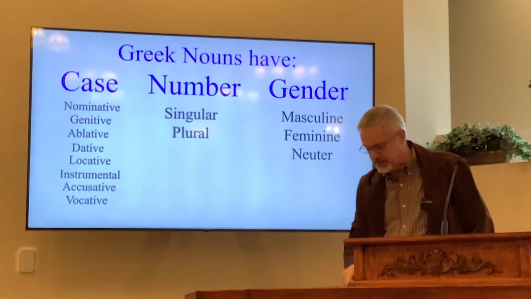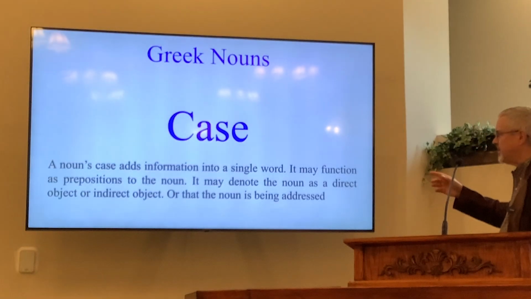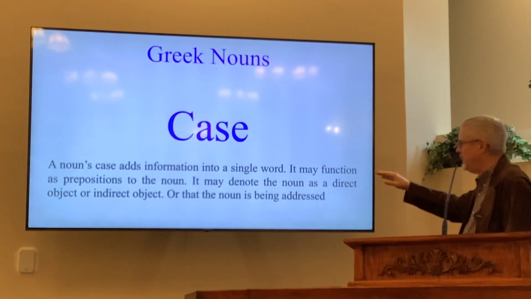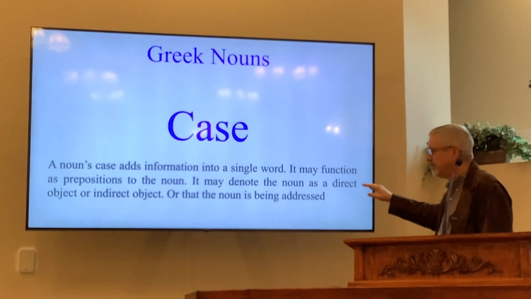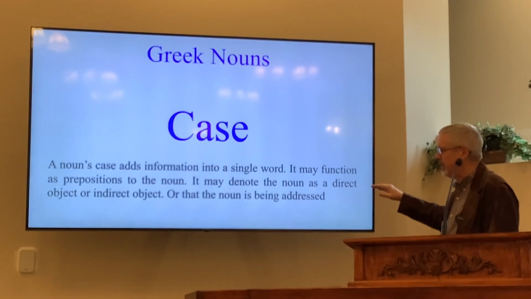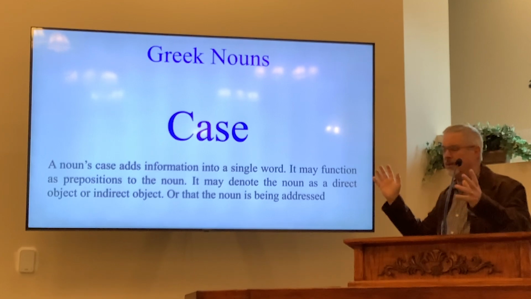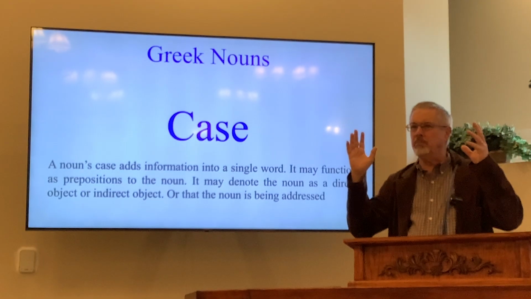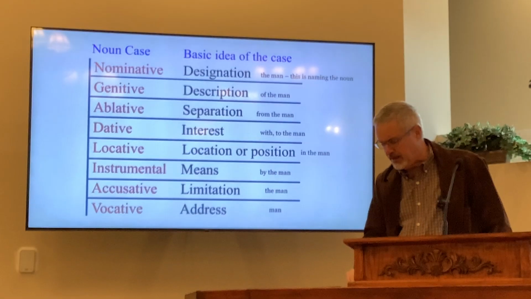Each of these has a purpose. A noun's case adds information into a single word. It may function as a preposition to the noun. It may denote the noun as the direct object or indirect object, or that the noun is being addressed. They are putting more into one word than what is in English.